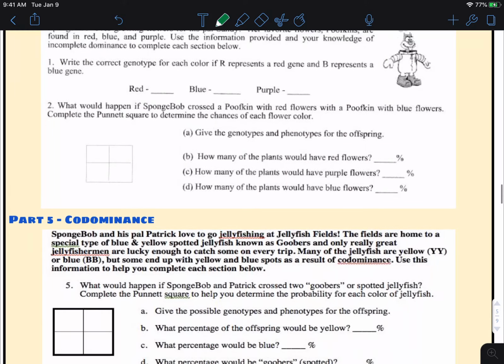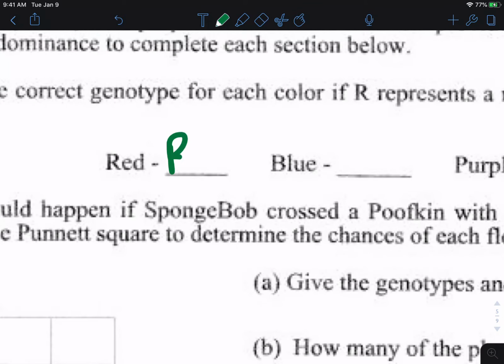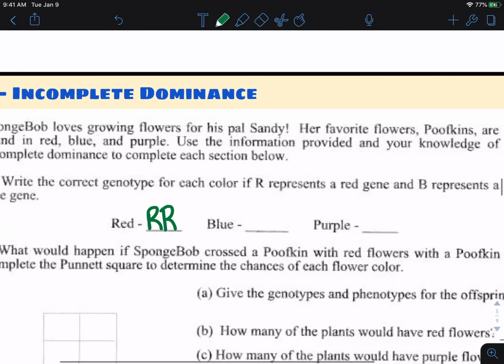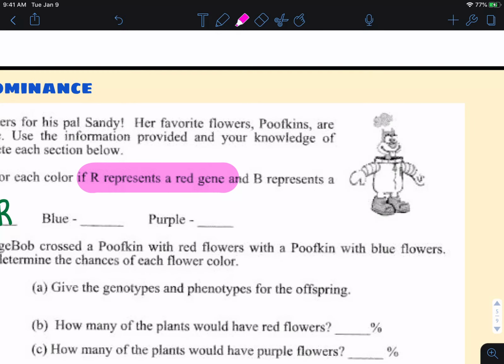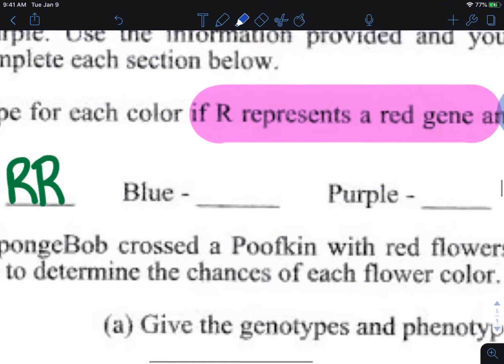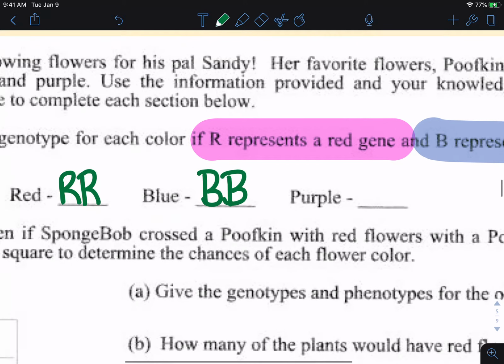So if we go down here, R, or red, is going to be represented by RR, just like it told us in the directions where it says R represents red, and B is going to represent blue. Okay, so if RR represents red, then BB represents blue. What is purple going to be?